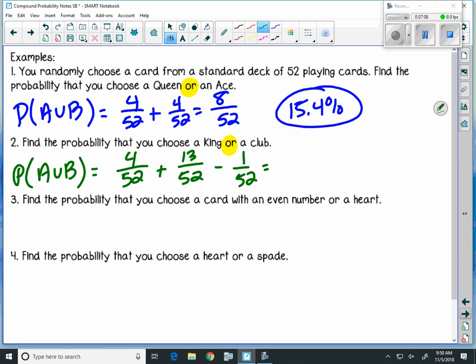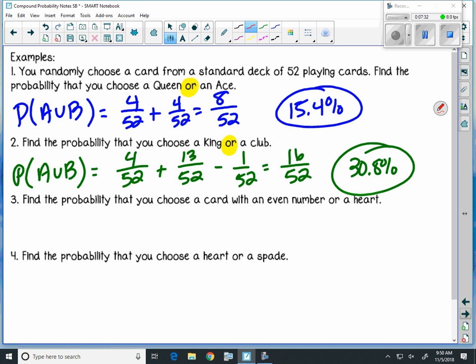We would have 52 as our denominator. 4 plus 13 is 17, minus 1 is 16. So 16 divided by 52. We'll say 30.8%. Questions for me?